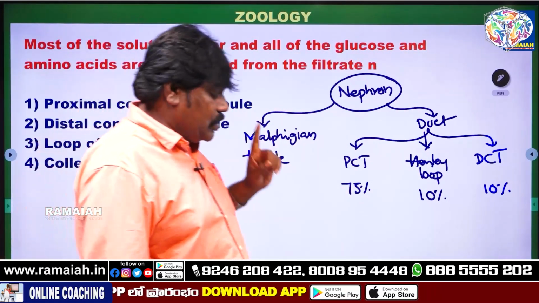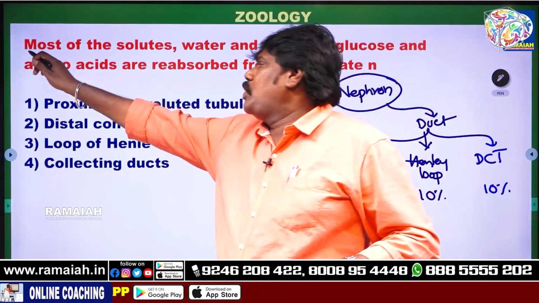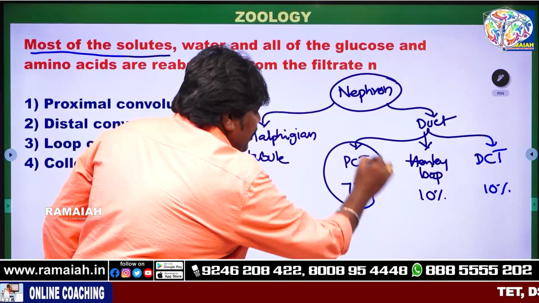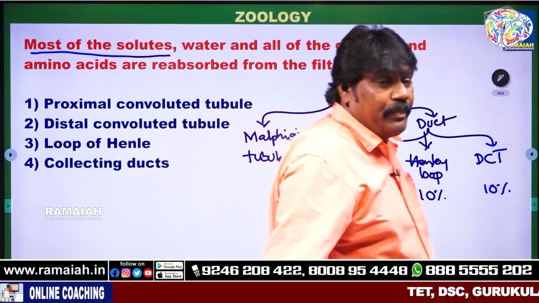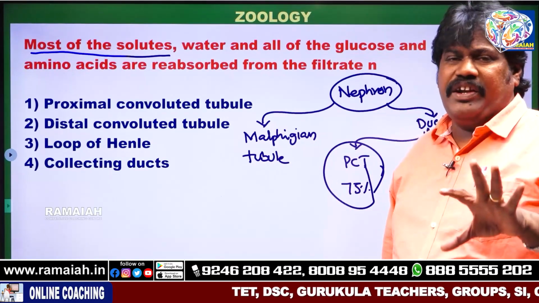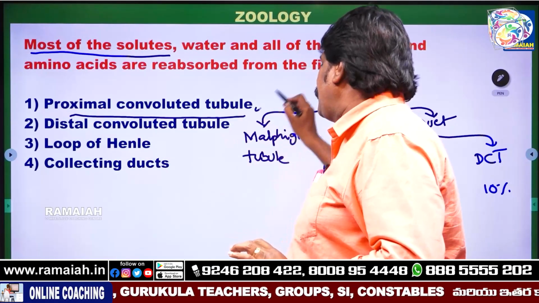So, the question asks where most of the solutes are reabsorbed, and the right answer is PCT. 75% of solutes are reabsorbed into blood from the filtration part. That's why the right answer is proximal convoluted tubule.